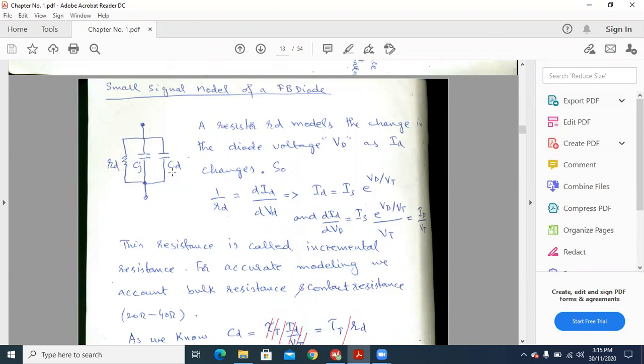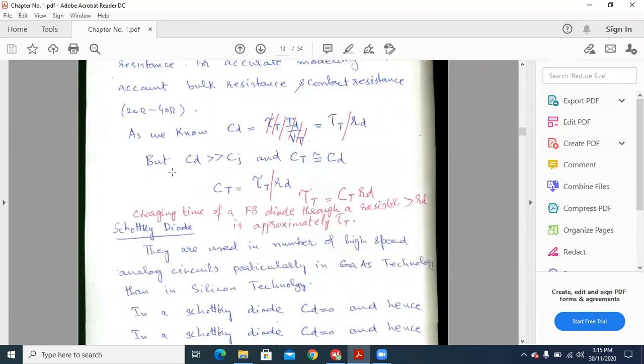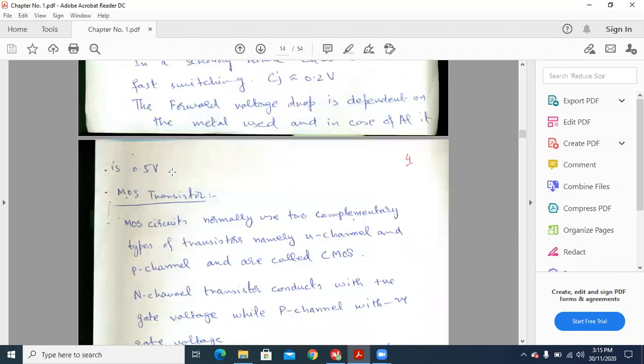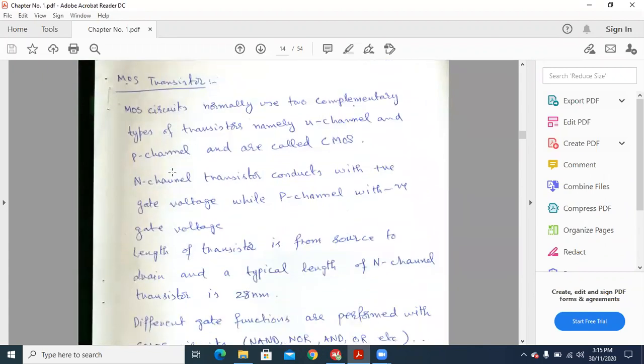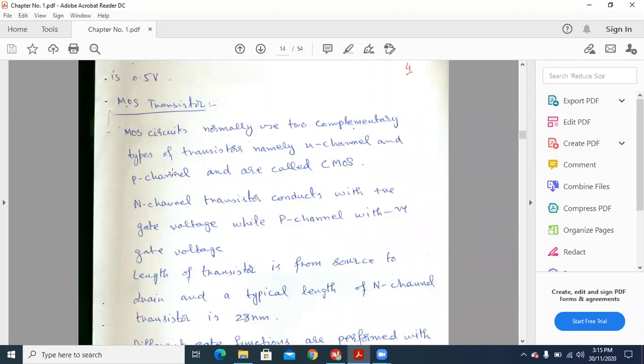So now actually we go on to the MOS transistor, because this is the first step we have done. In this step, we have covered the behavior model of the diode.